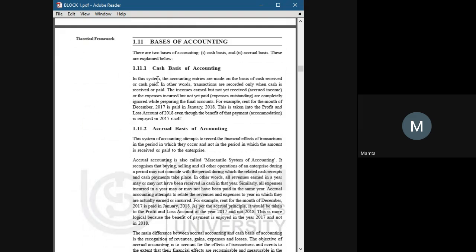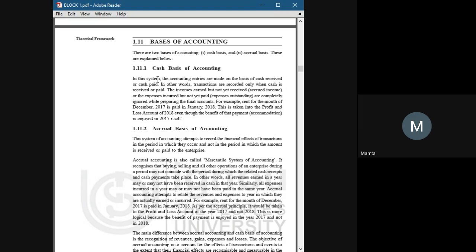Like if you have purchased goods of 5,000 bucks for cash, then you will record the entry in your books of accounts. But if you have purchased the goods for 5,000 bucks on credit, then you won't record that entry. That is what cash basis of accounting means. You only record the cash transactions.